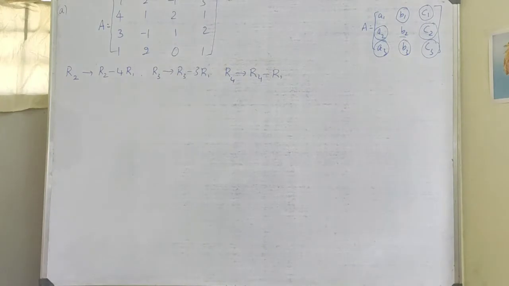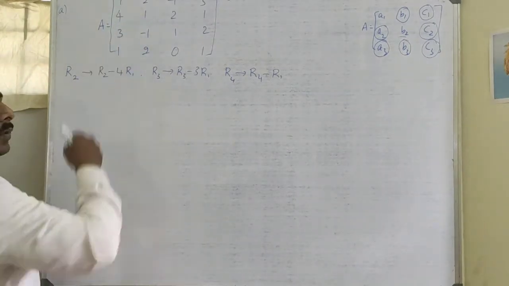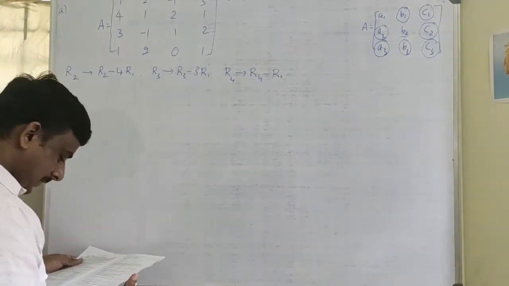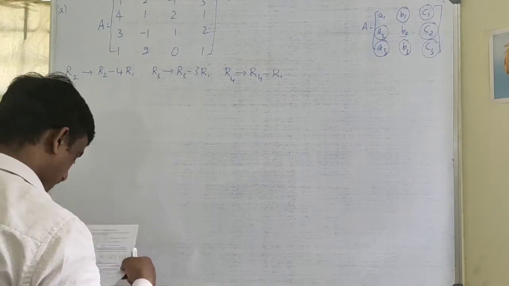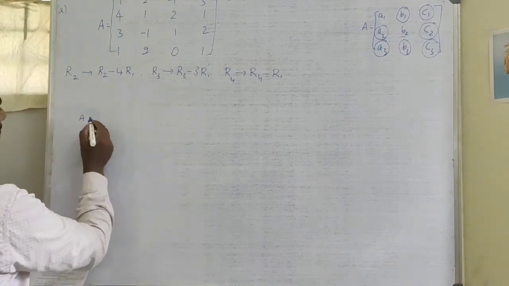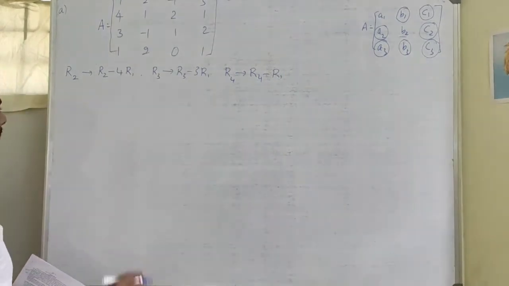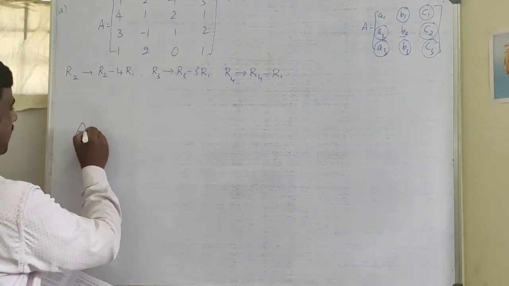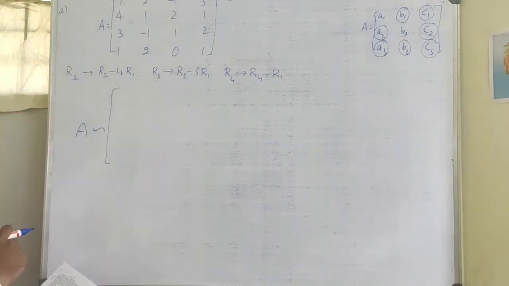These are the row operations to make the entries below 1 equal to 0. Now applying these operations, the given matrix reduces as follows. You should not write an equal sign, because the next matrix is obtained from A by applying row operations, so you write the equivalent symbol.